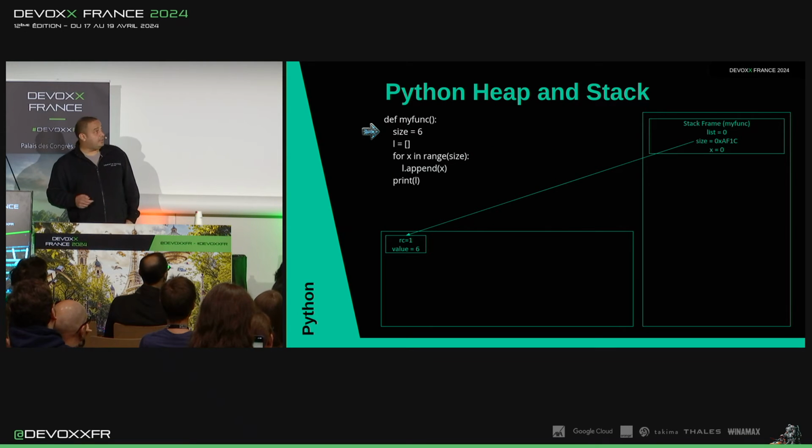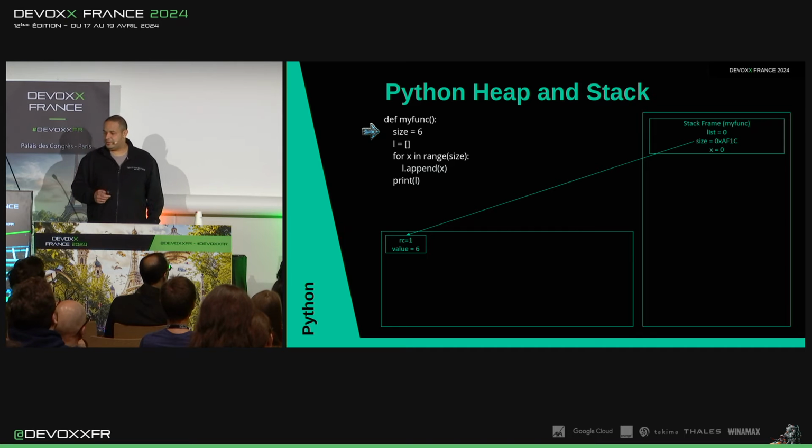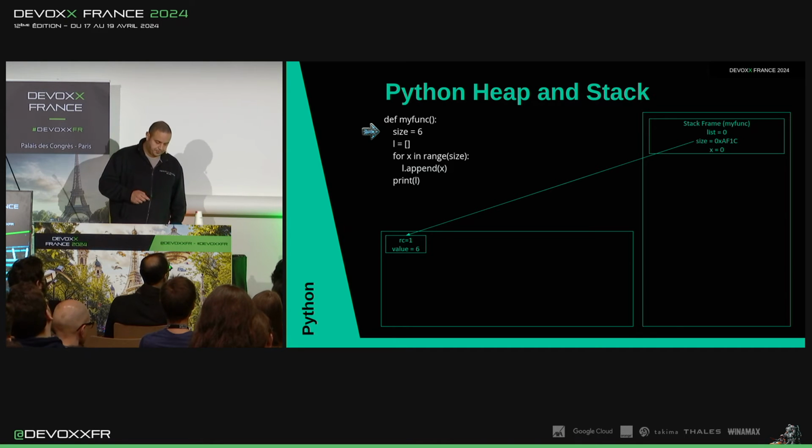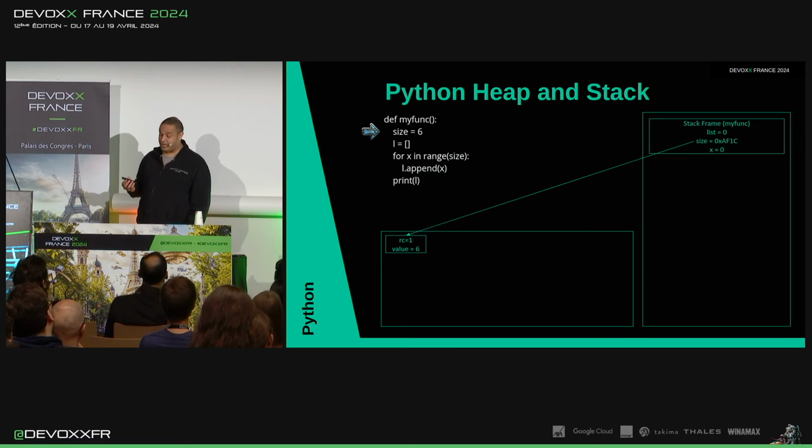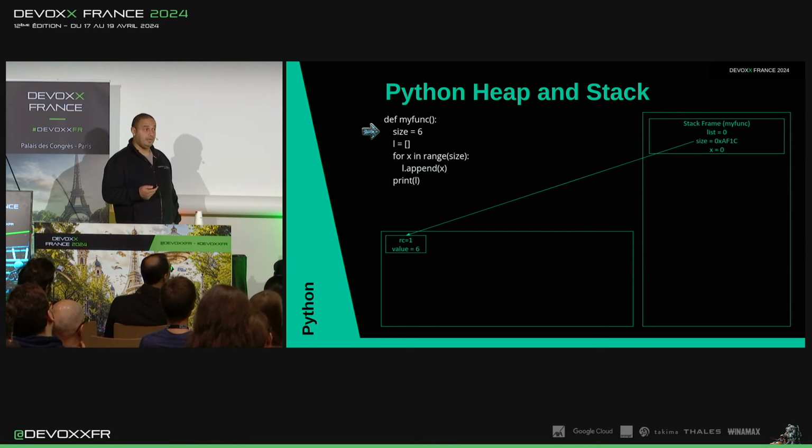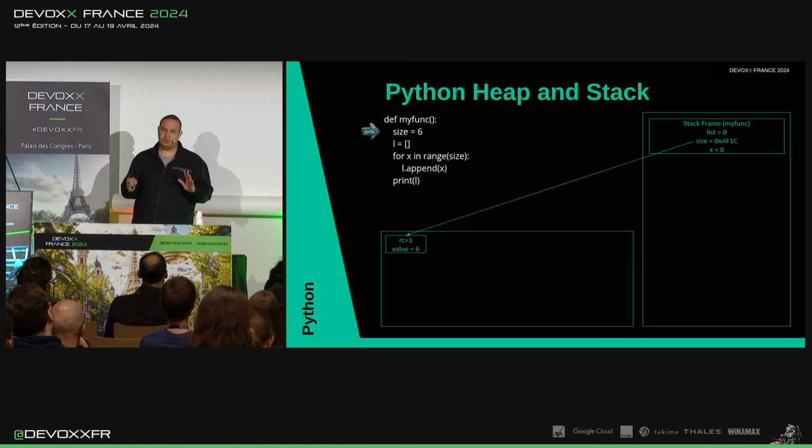Okay, let's see a bit of code. For example, here we have this. In Python, almost everything goes to the heap. Only pointers go to the stack.